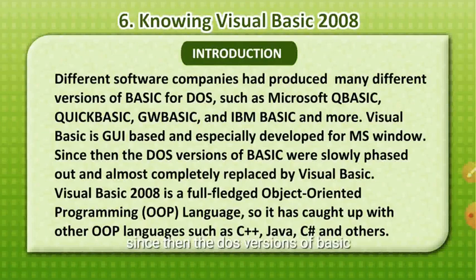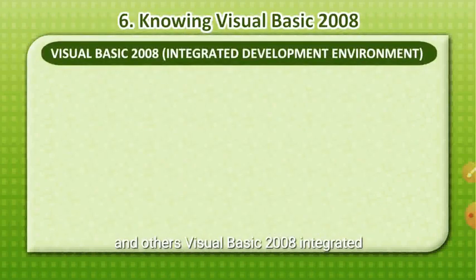Since then, DOS versions of Basic were slowly phased out and almost completely replaced by Visual Basic. Visual Basic 2008 is a full-fledged object-oriented programming language, so it has caught up with other OOP languages such as C++, Java, C# and others.